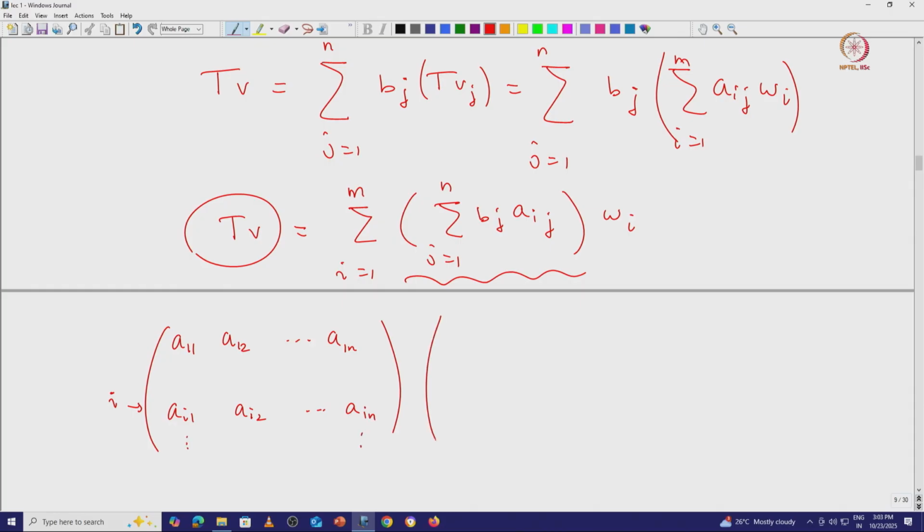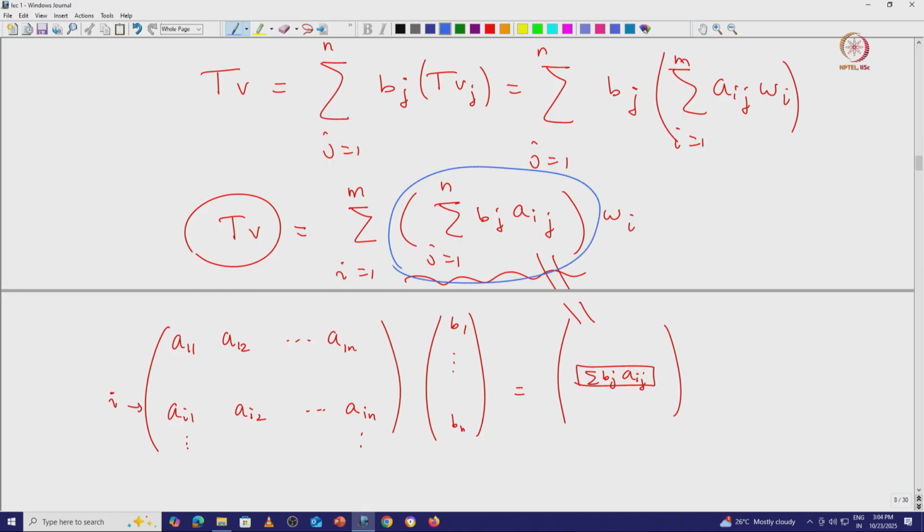If you multiply this with the coordinate vector of v, then you can see that the ith component is the summation of bj aij, which is the coefficient we have.